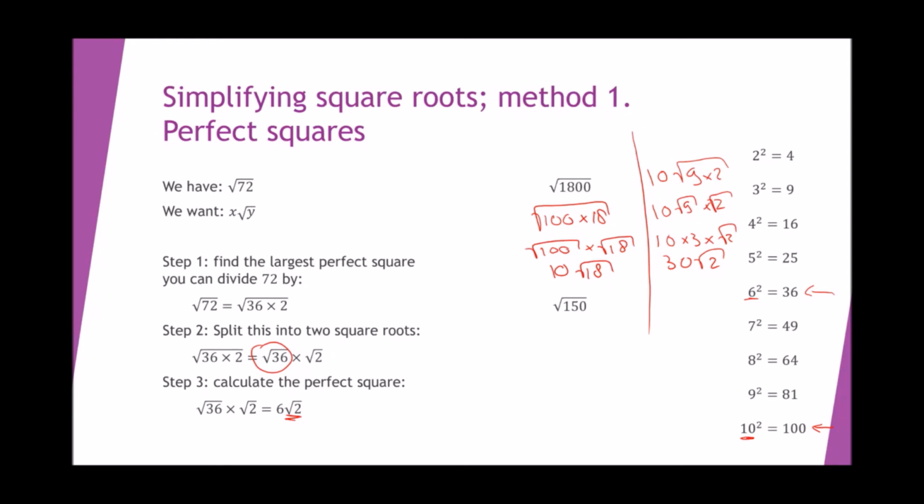150 is going to be an easier one. Because what can we divide by? Well, we can't divide by 100, nor by 81, 64, 49, 36, nope. But we can divide by 25. So this is actually square root 25 times 6, or square root 25 times square root 6, which then gives us that this is 5 square root 6.